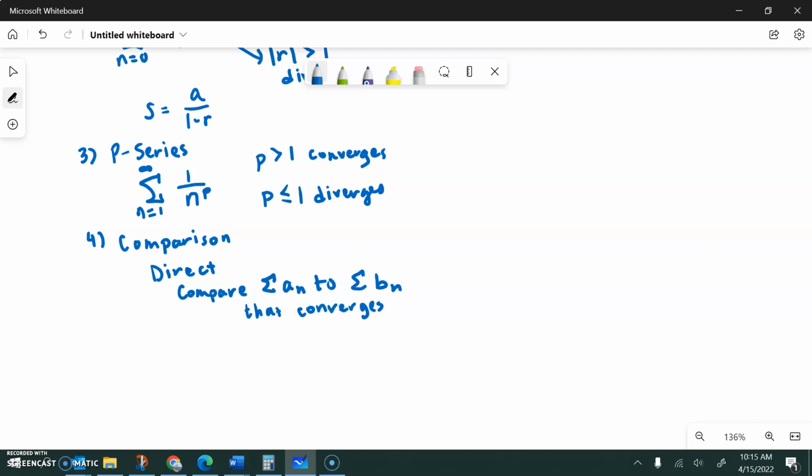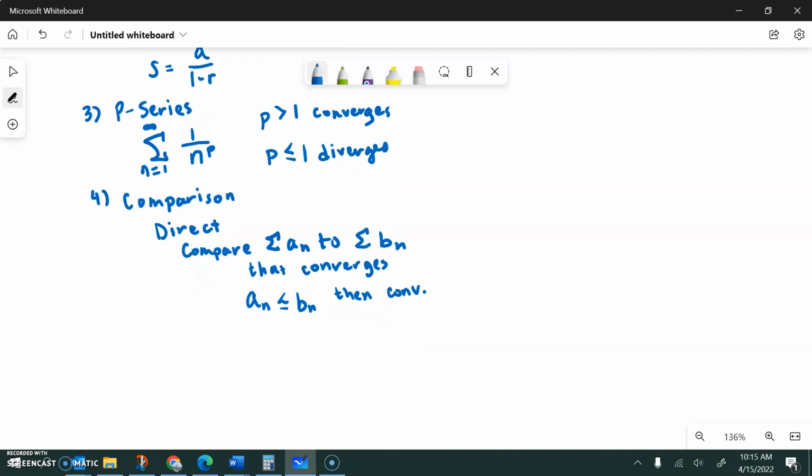If every single term of our series is less than or equal to the terms of this converging series, then our series converges. But we might want to prove divergence with the comparison test, and it actually works.